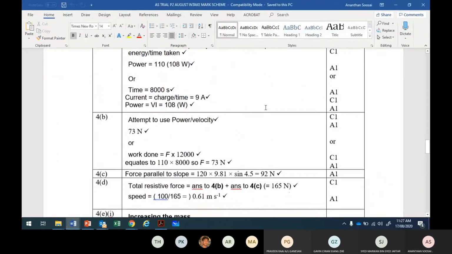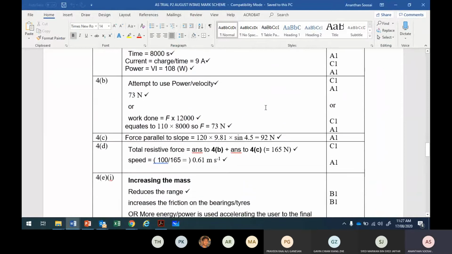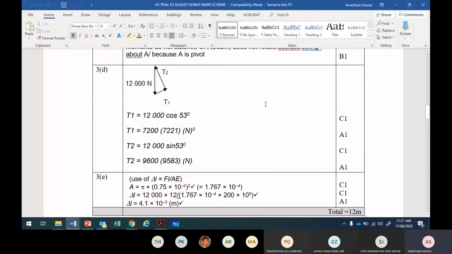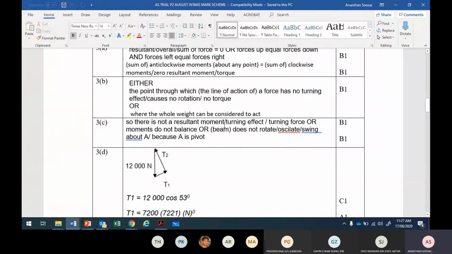So this is for 3C, right? There is no resultant moment, so the moments balance and it does not rotate, oscillate or swing, because A is the pivot.